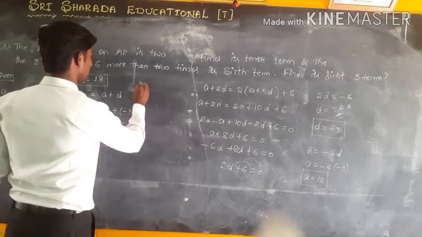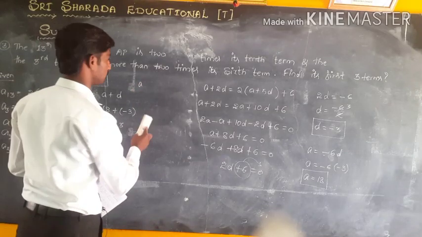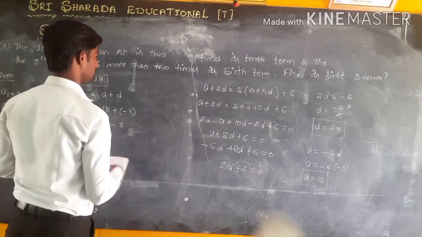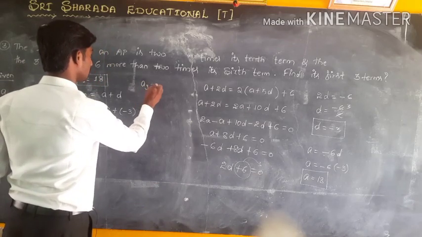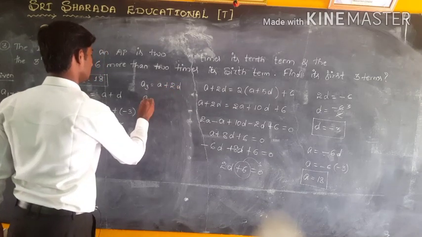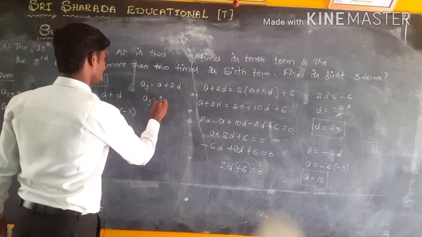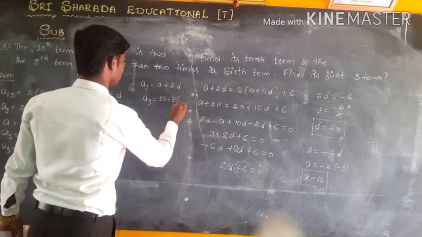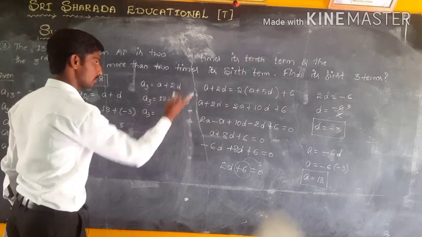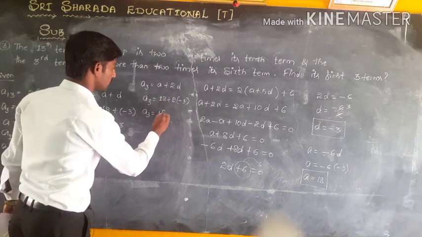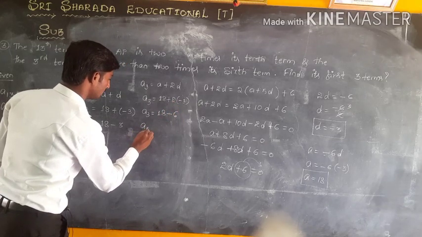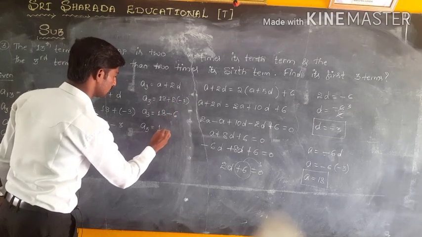Next, A3 is equal to A plus 2D, that is A3 is equal to 18 plus 2 times of minus 3. Then A3 is equal to 18 plus into minus, it is minus, 2 threes are 6. A3 is equal to 18 minus 6, it is 12.